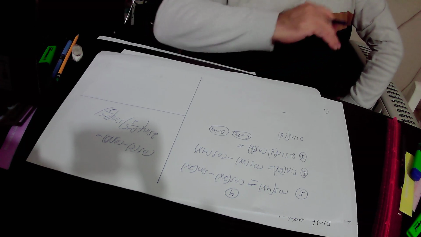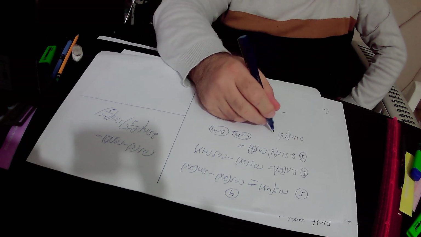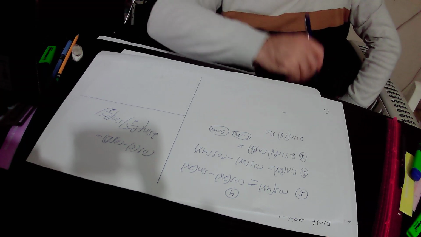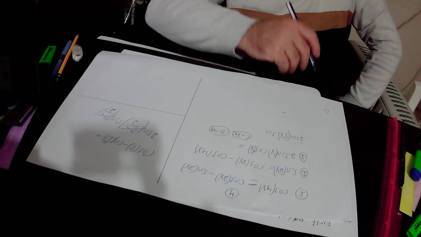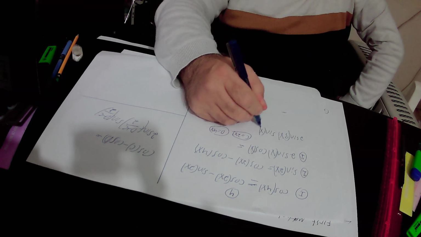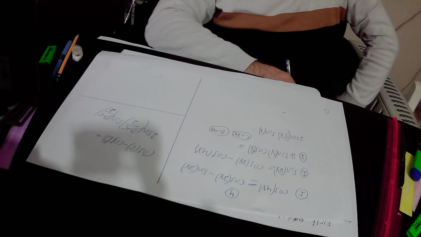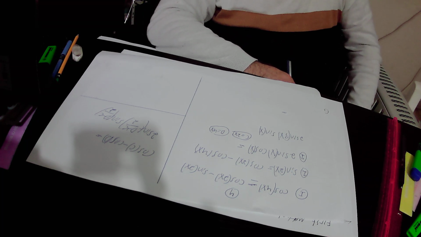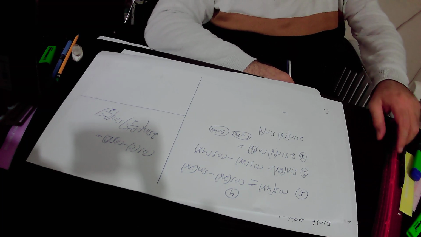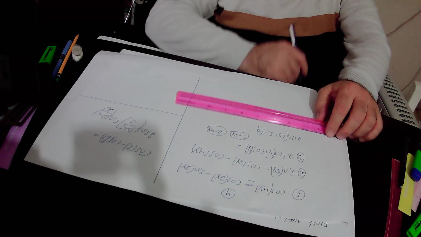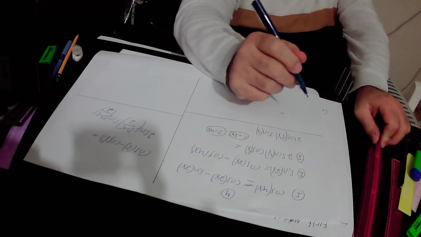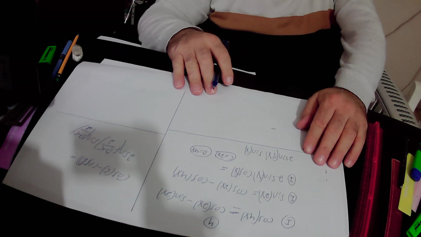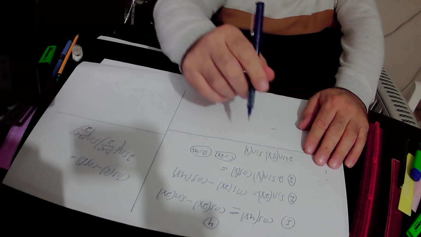D minus C is 4x minus 2x, which is 2x, and 2x over 2 is x. So in conclusion, we found out that 2 sine x cosine x equals 2 sine 3x times sine x. So here we will divide this equation number 1 by 2 sine x.